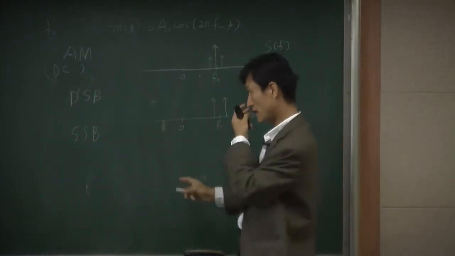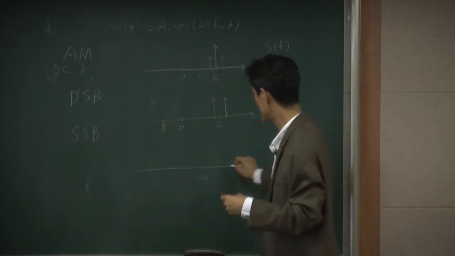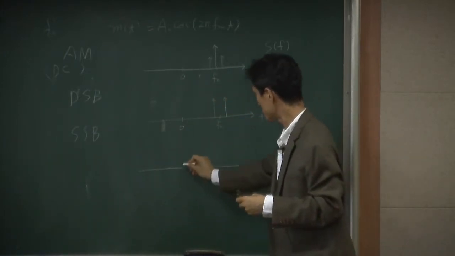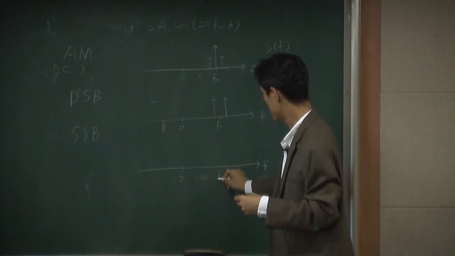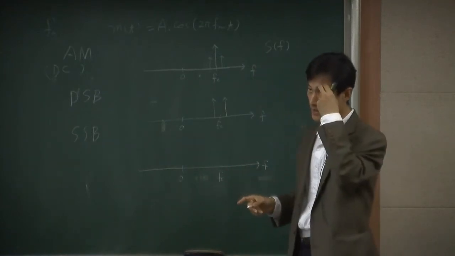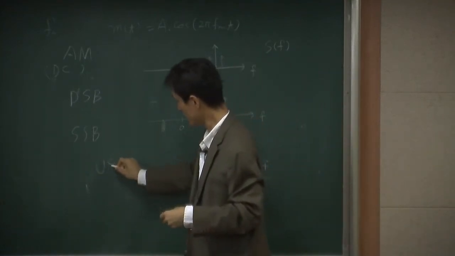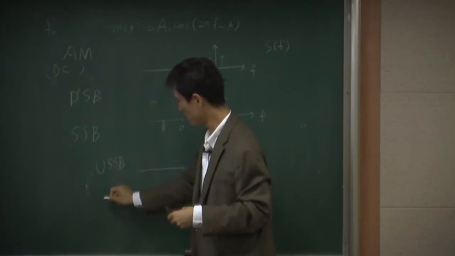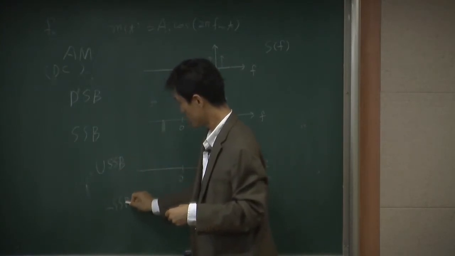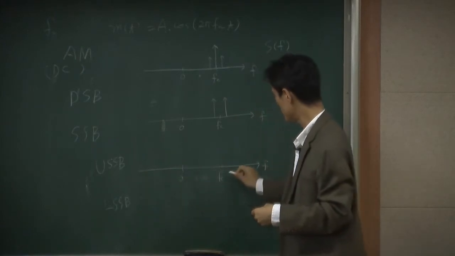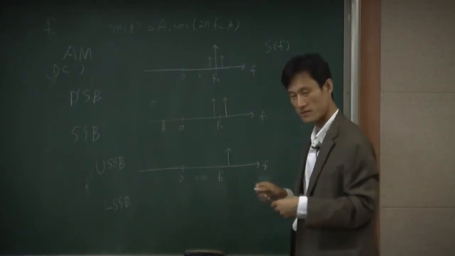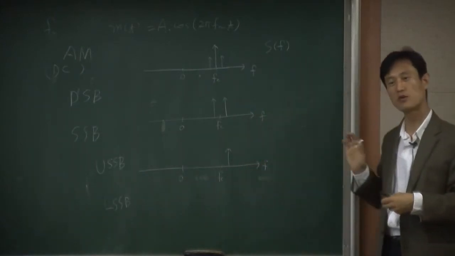That was your modulated output. What about single sideband? In single sideband, depending on upper single sideband or lower single sideband, let's say in upper sideband, you're going to have this one. Just one. That was your output.